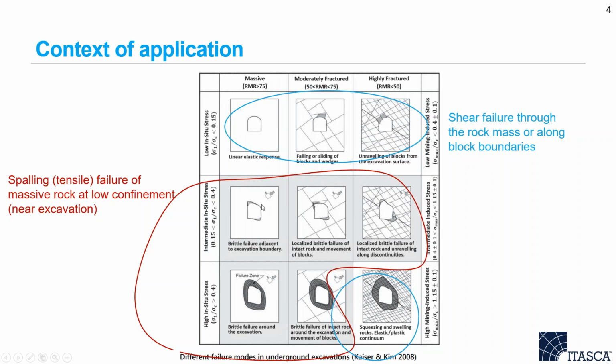Those failure mechanisms cannot be taken into account using continuum models and failure criteria such as Hoek-Brown. So this is where BBM modeling comes to fill the gap, because it permits modeling crack initiation and propagation in rock masses, and so modeling mechanisms such as spalling and brittle failure around excavations.